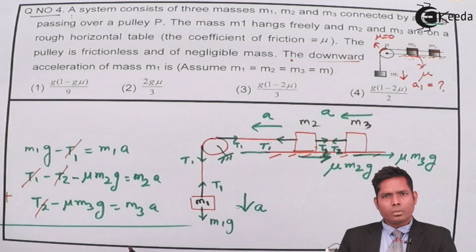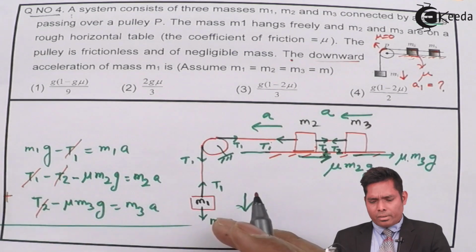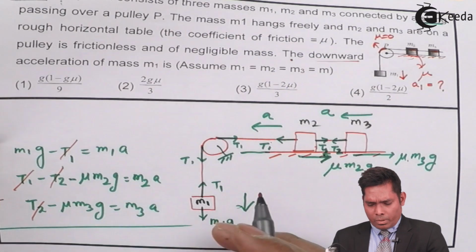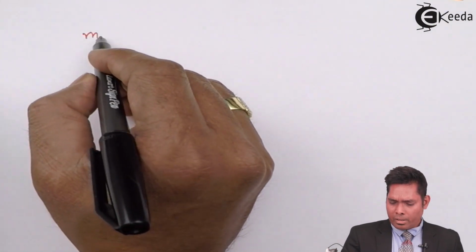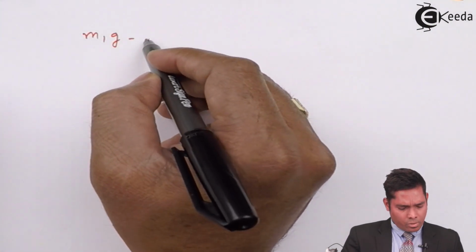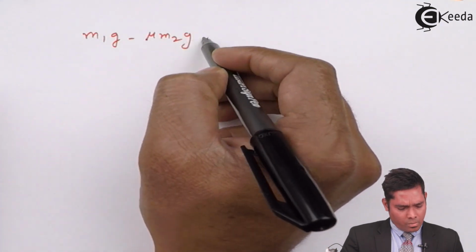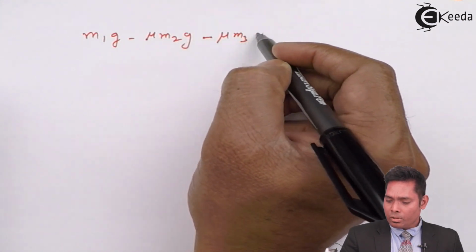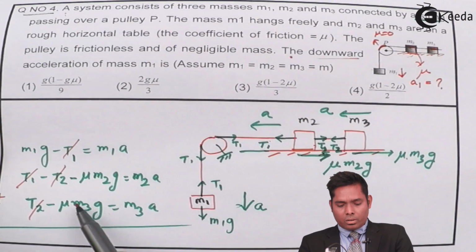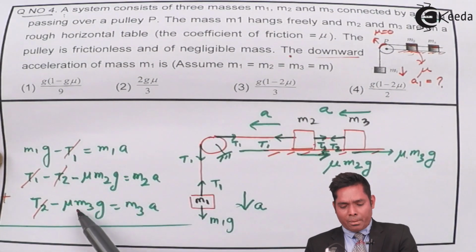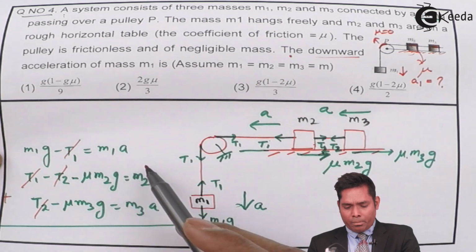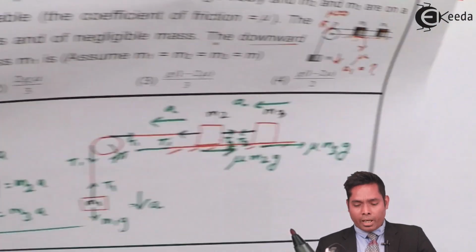Okay. Now the left side will be m1g minus mu m2g minus mu m3g. These are the terms on the left. On the right, a being common, m1, m2, m3 will be there.